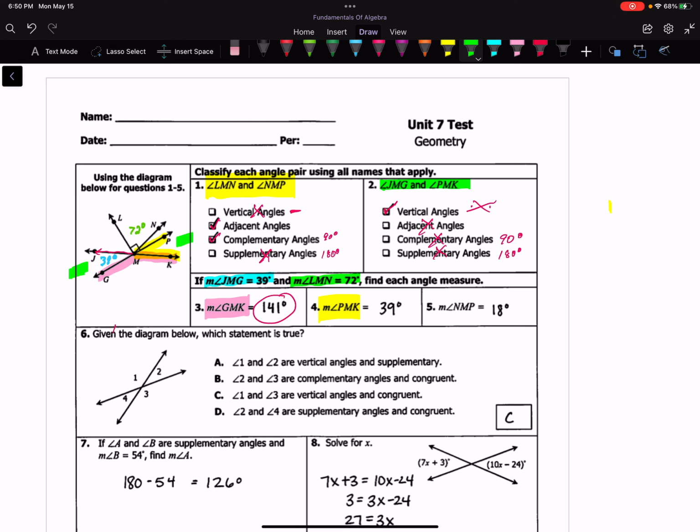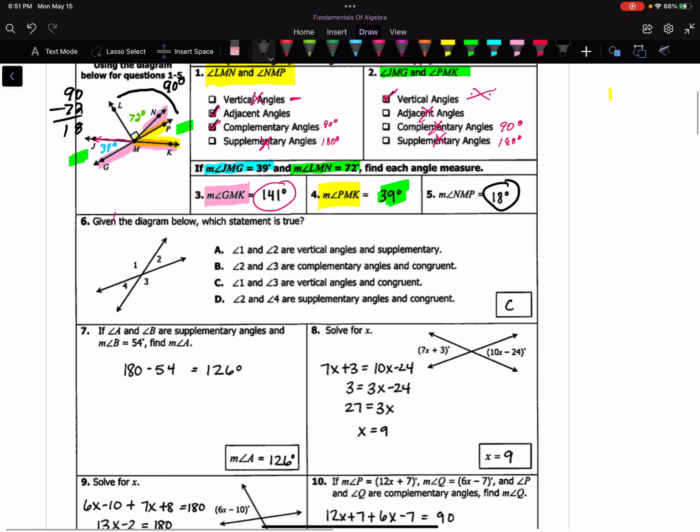These two are vertical partners, so they're the same degree as each other, and that's where we get the 39 degrees, because angle JMG is also 39 degrees. And finally, let's look at NMP, that's this little one right here at the top. We know that this is 90 degrees, so 90 minus 72 leaves us with 18, and there's our 18 degrees.